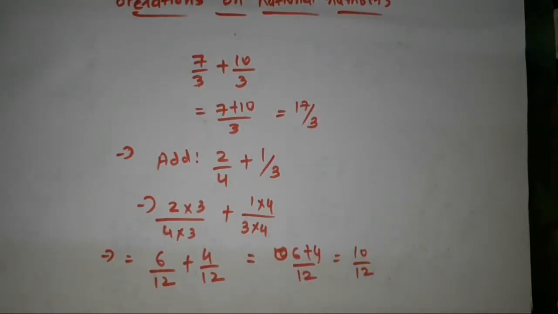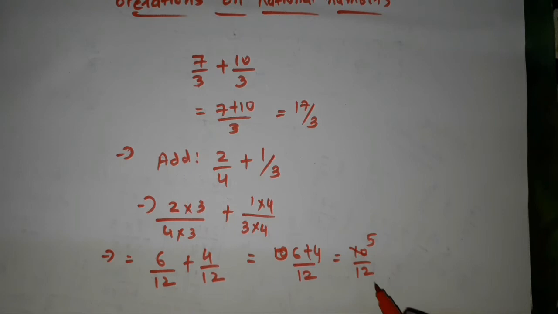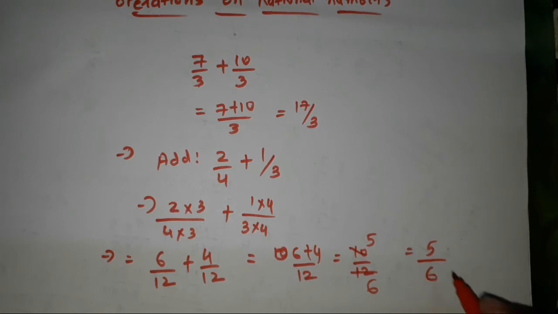Always try to answer in reduced form or lowest form. So 2 5s are 10 and 2 6s are 12. So the answer will be 5 upon 6. This will be the final answer.